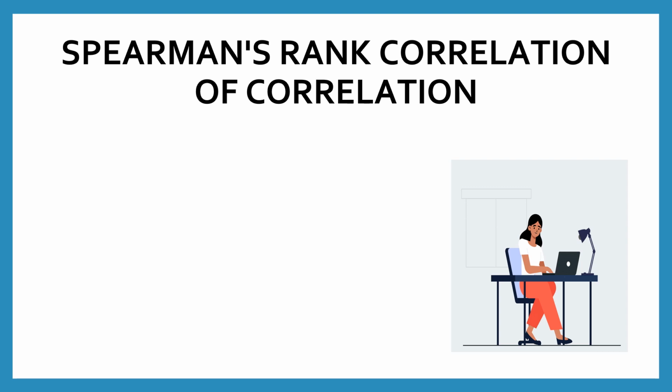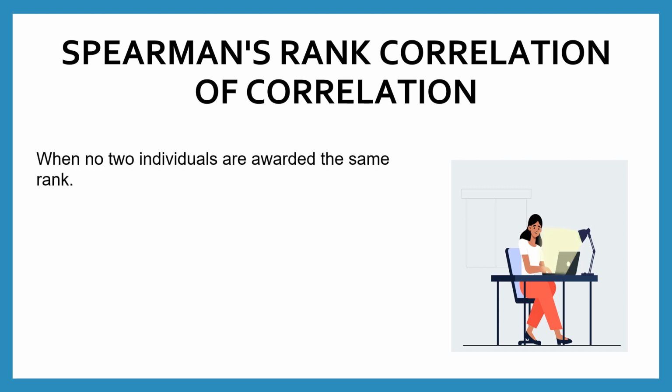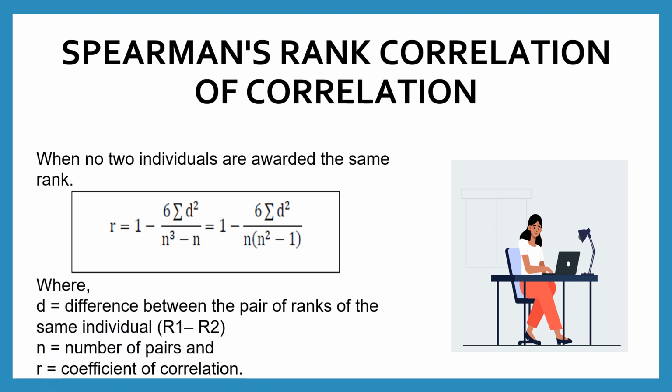Under this method, correlation is measured on the basis of the ranks rather than the original values of the variables. For this, the values of the two variables are first converted into ranks in a particular order. When no two individuals are awarded the same rank, we use this equation, where D is the difference between the pair of ranks of the same individual, R1 minus R2, N is the number of pairs and R is the coefficient of correlation.